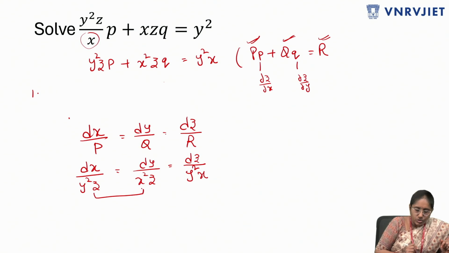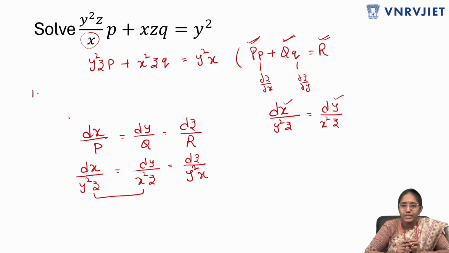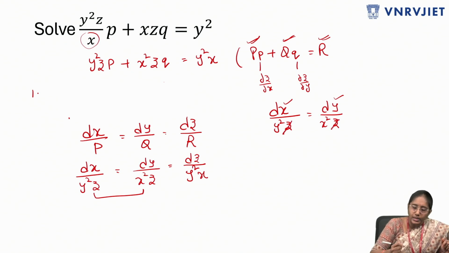Suppose I take these two fractions, let us explain with this: dx by y squared z is equal to dy by x squared z. Here observe, the differential coefficients are in y and z, so the remaining variables should also be kept in terms of x and y only. Is it possible to eliminate the z from this equation or not? Just eliminate this and express the equation in terms of x and y only.